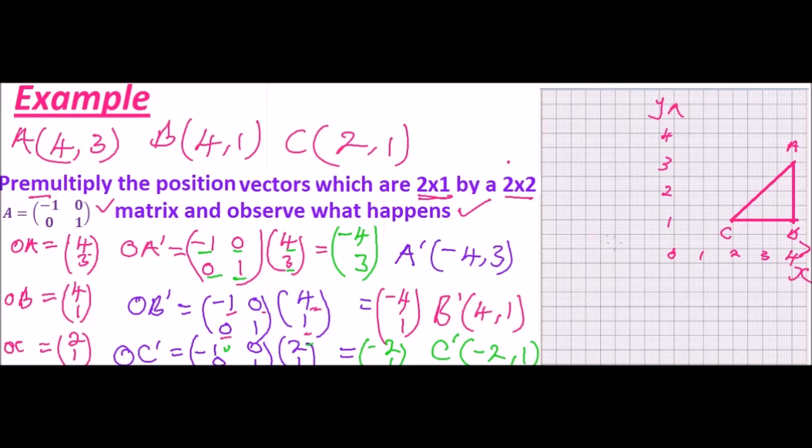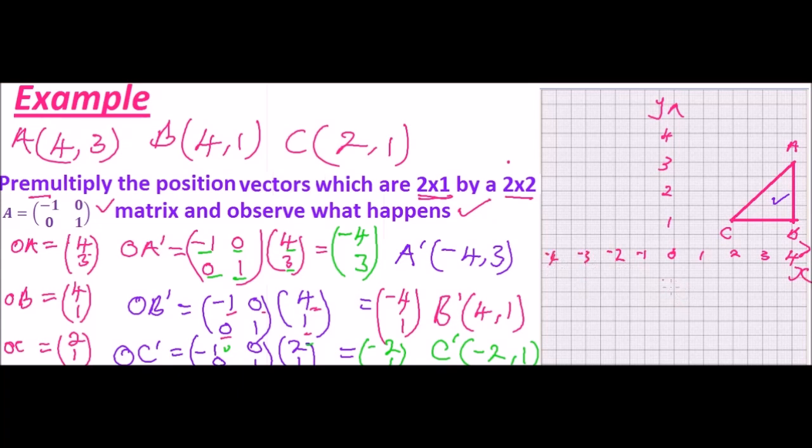Let us now plot the new triangle and see what happens. What has happened to our object? This is our object and our image. So let's modify our coordinates. We will say we have now negative. So this is minus 1, minus 2, minus 3, minus 4.